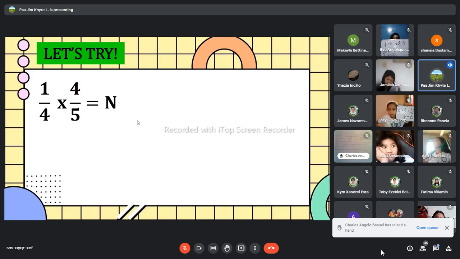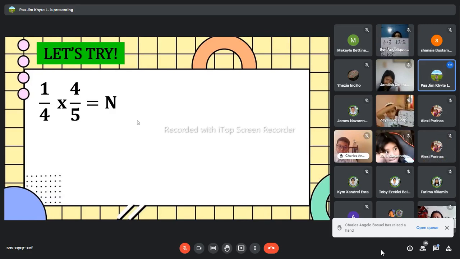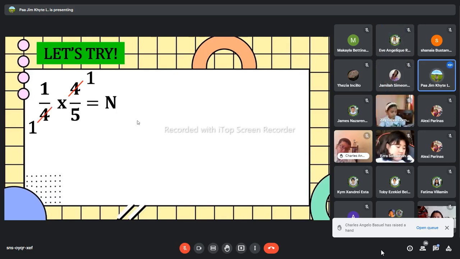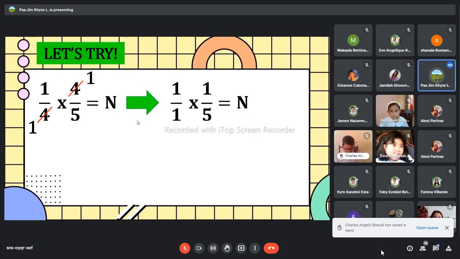Since we have a numerator and a denominator that are the same number, we can divide it by itself, which is 4. So let's cancel 4, and it will become 1, and 4 divided by 4 will become 1. If we rewrite our equation, it will look like this: 1/1 times 1/5 is equal to n.